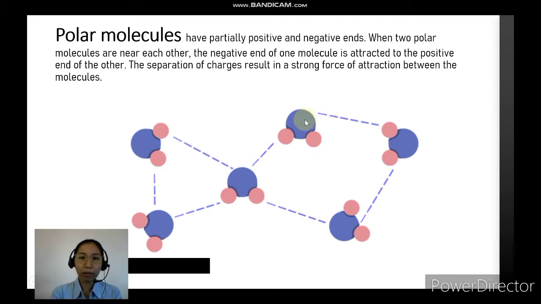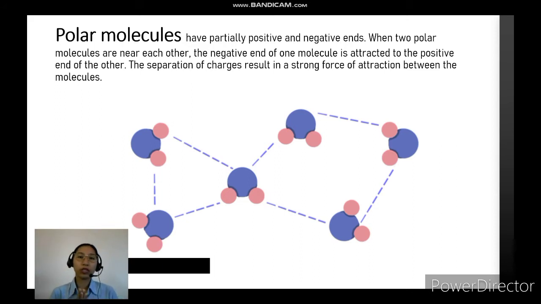So the positive end is attracted to the negative end of another polar molecule. So this water molecule is attracted to the other. That is the reason why polar molecules interact, because they have an attraction between the partial positive and the partial negative ends of the molecule.